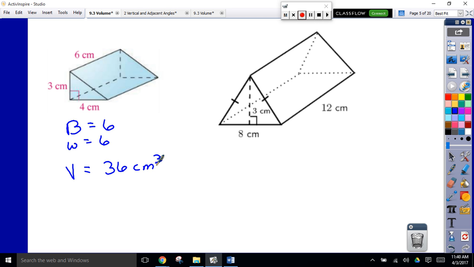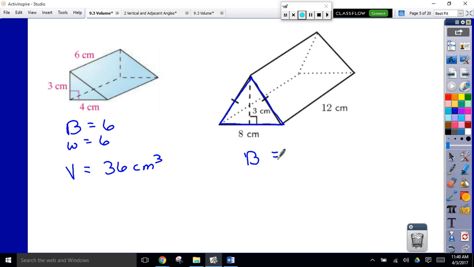Okay, next one. I want you all to think about this. I'm going to use the cards to choose someone. So start by thinking of the area of this base. Emma, can you tell me the area of the base? 96. Tell me how you got 96.